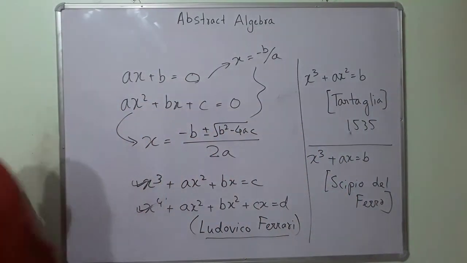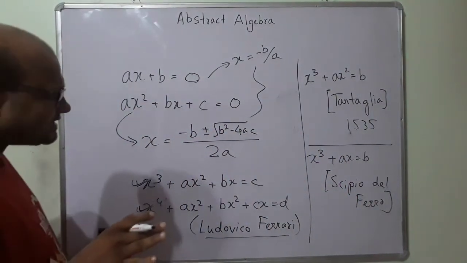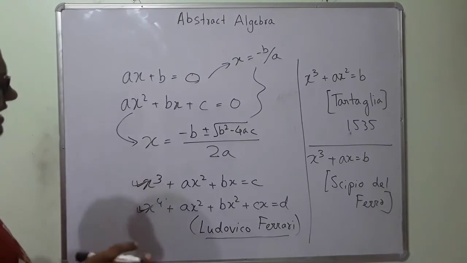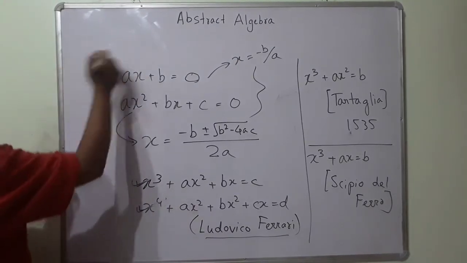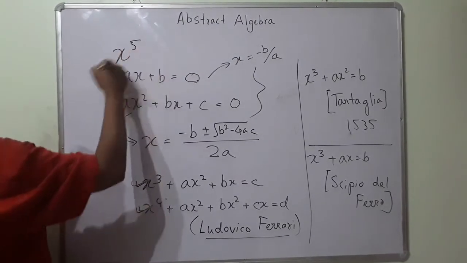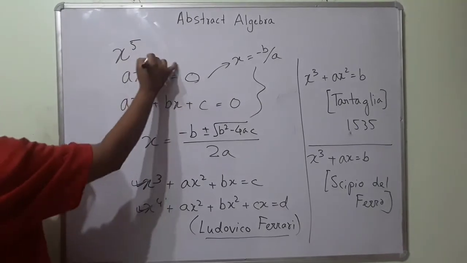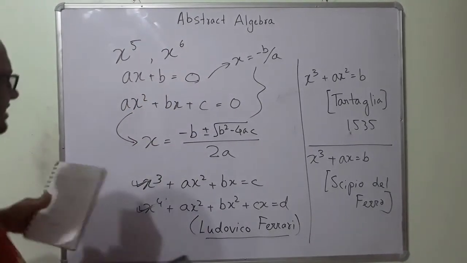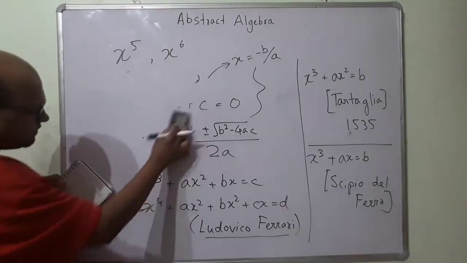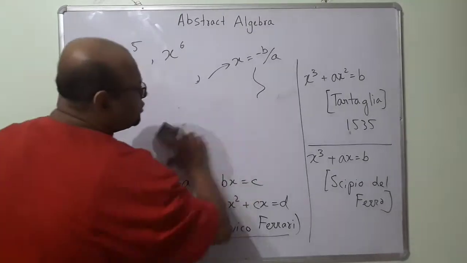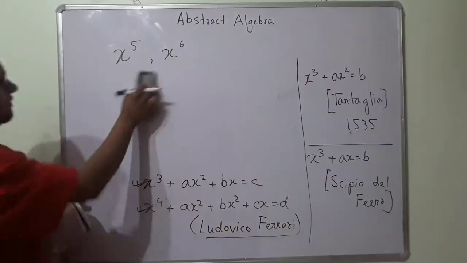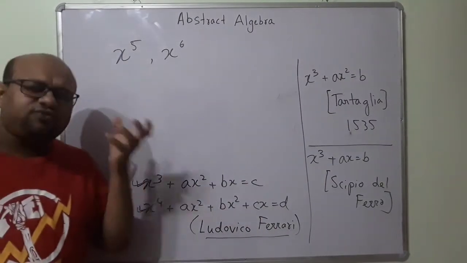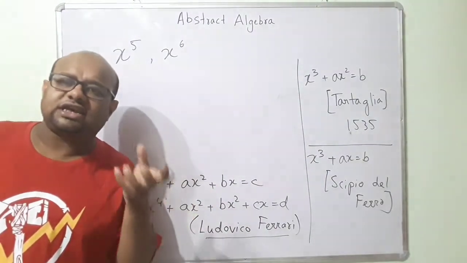Then eventually people were interested in knowing if they could find a solution for an equation that has x raised to the power 5 or x raised to the power 6. These were natural questions. After solving for x to the power 4, people were interested in knowing if they could have a formula, like the quadratic equation has a formula.